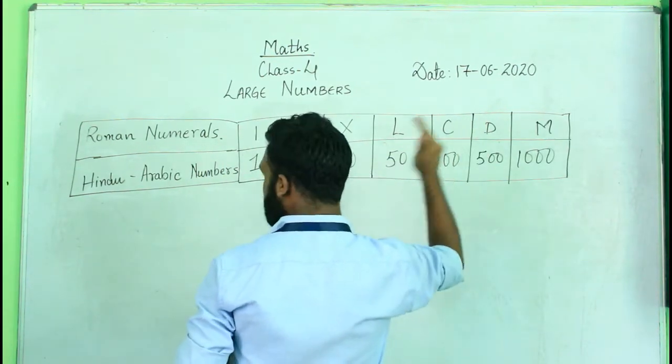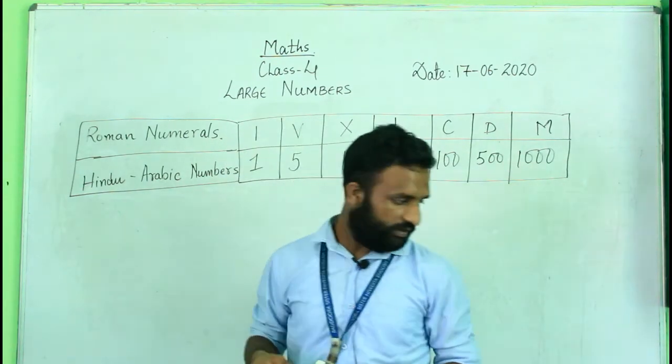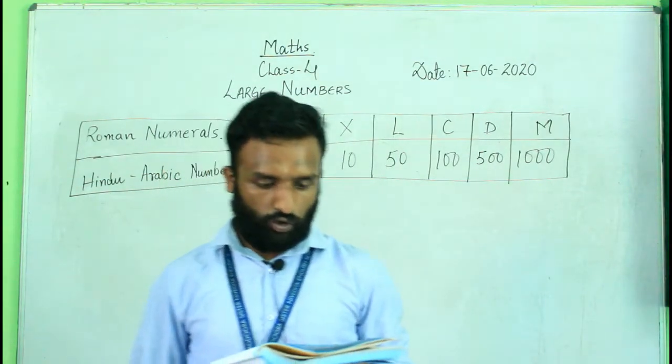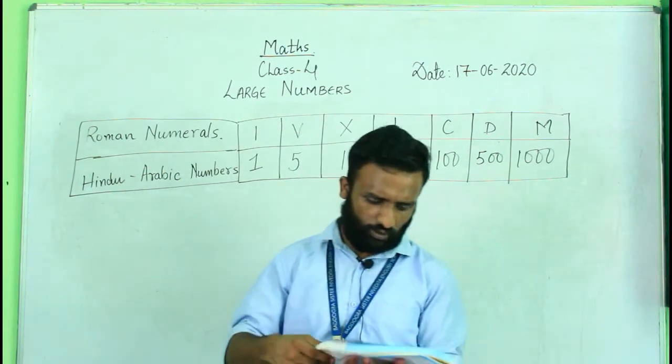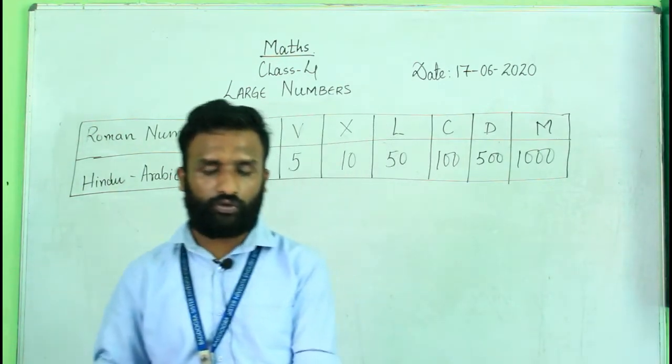If it is placed this side, it means addition. So these are the rules of Roman numerals, and with the help of these we are going to do the exercise.